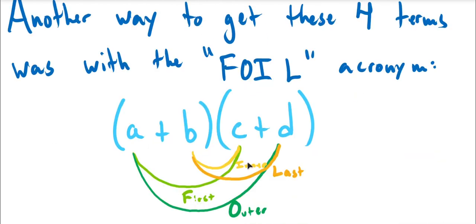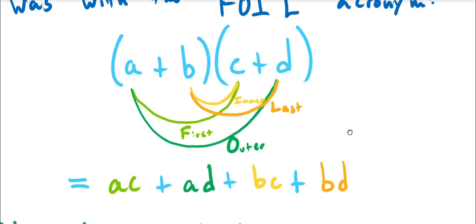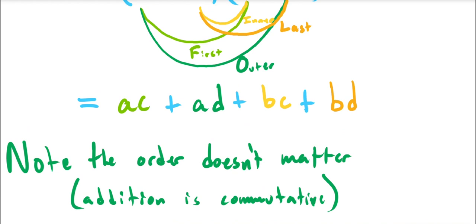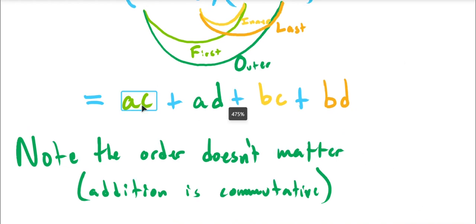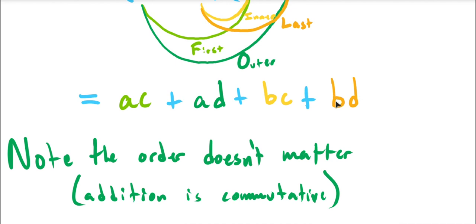We have the first, a and c, we have the outer terms, a and d, we have the inner terms, b and c, and we have the last terms in each sum, b and d. That lists all the possible combinations. Now, one thing to notice here is that order really doesn't matter. You could distribute and get your last terms, and then your outer terms, and then your inner, and then your first.